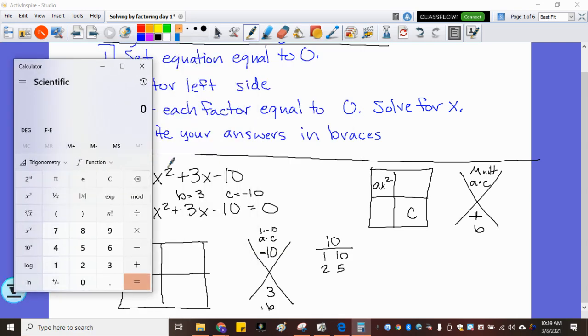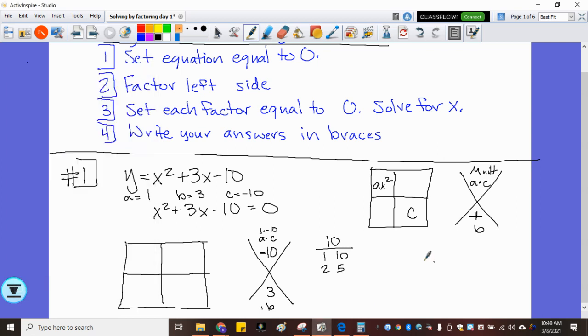You take 10, and I'm going to start with 1. 10 divided by 1 is 10, so that's how we got 1 and 10. 10 divided by 2 is 5, so 2 and 5. 10 divided by 3 gives you a decimal, so 3 is not a factor. 10 divided by 4 gives you a decimal. The next number you would try would be 5. So this is your whole list of factors. We can either choose 1 and 10 or 2 and 5.